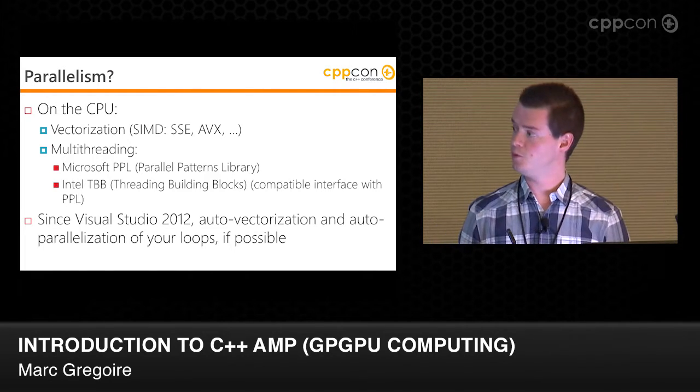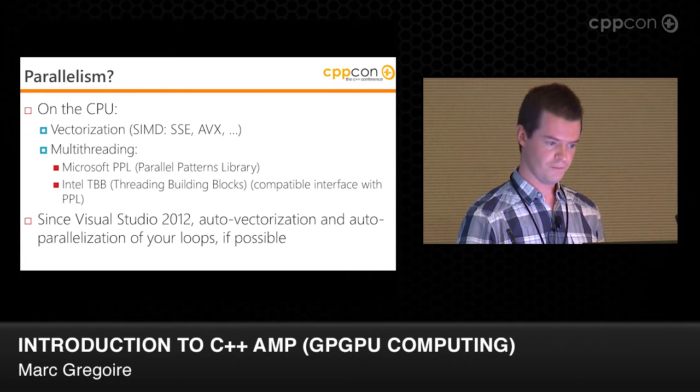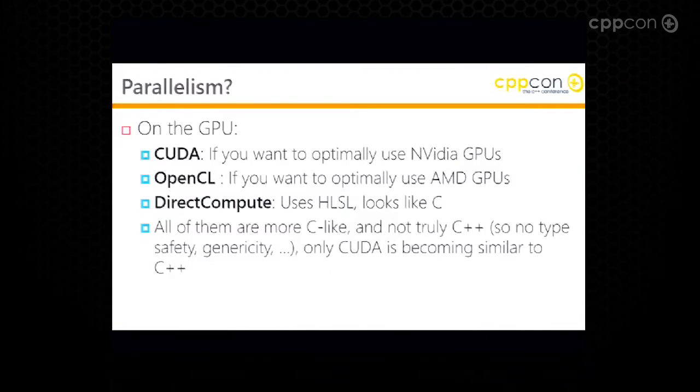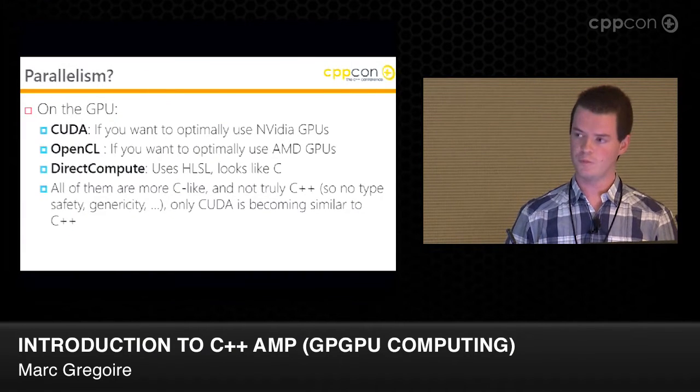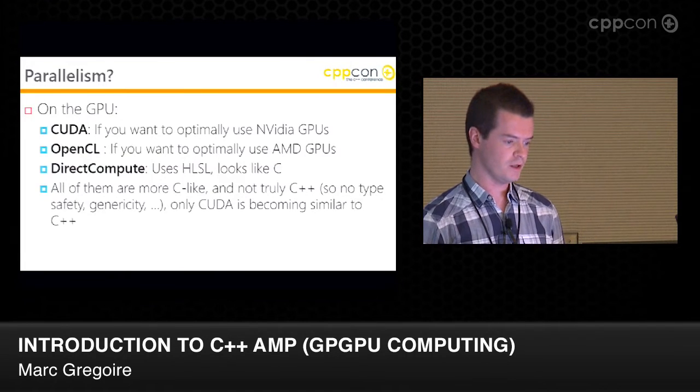So this is on the CPU. What about the GPU? You can target NVIDIA GPUs using CUDA, but that software will not run on AMD GPUs. If you want to optimally target AMD GPUs, you have to use OpenCL.